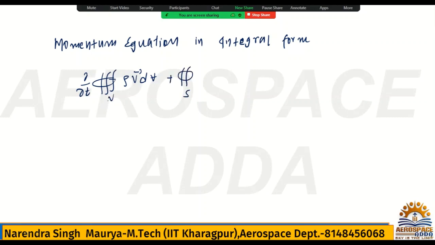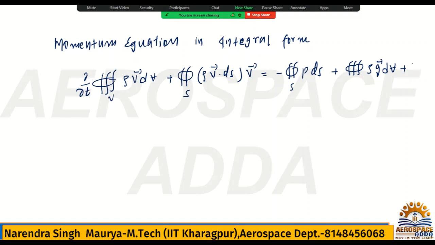the surface integral of rho v vector dS into v vector, equal to minus the pressure force, this is the surface integral, plus the body force, plus Fp, the viscous force.